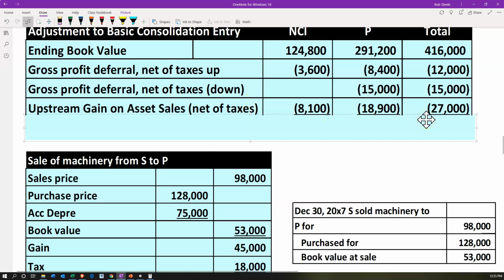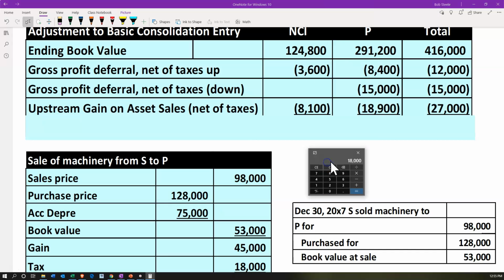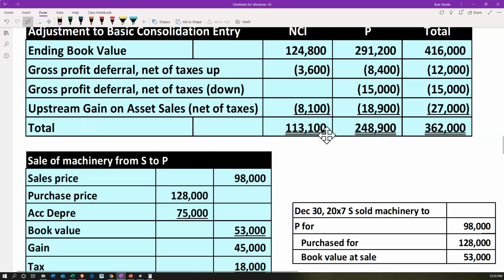We have the 27,000, which we are breaking out between the controlling and the non-controlling interest. So we're going to take that 27,000 times the 0.7. There's the 18,900, and we'll take that 27,000 times the 0.3, and there's the 8,100 that we'll break out here. Then, of course, we can add these up.